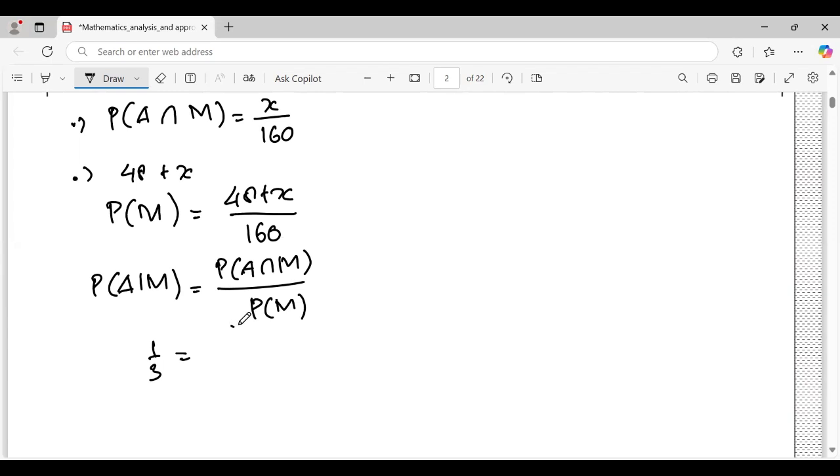The intersection is x over 160, and this one is 48 plus x over 160.